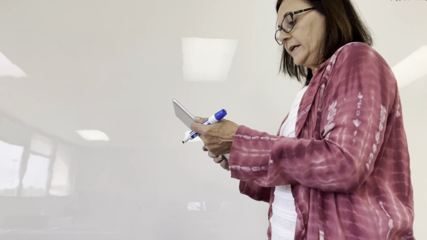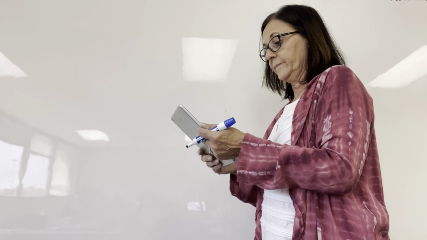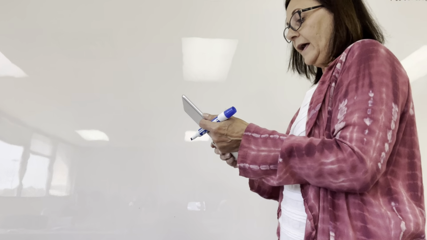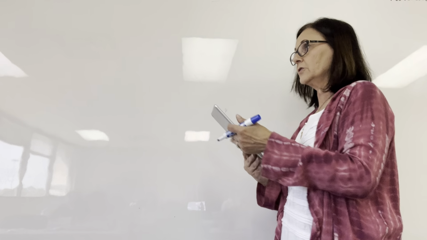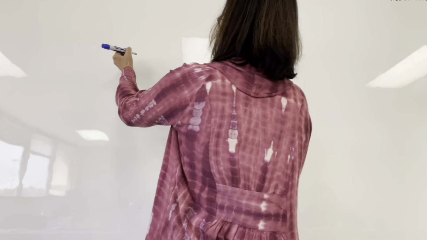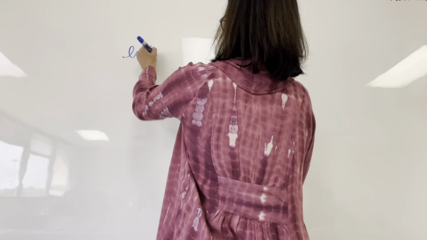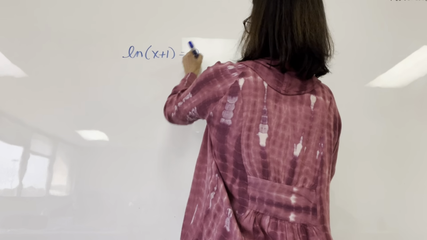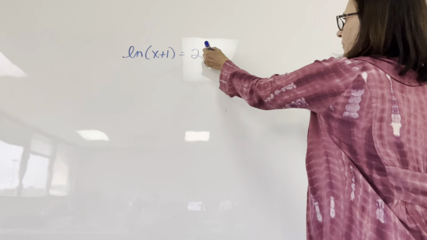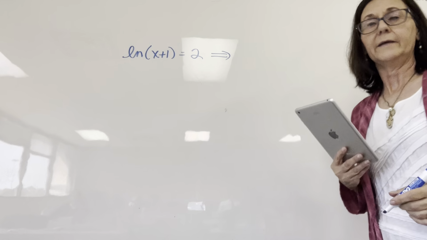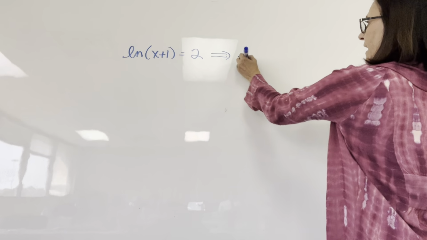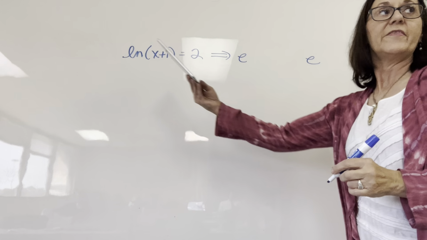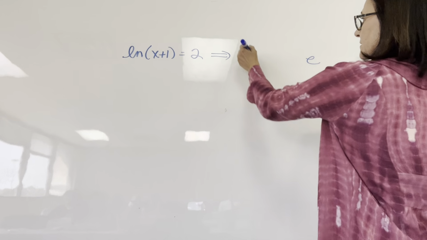Because f of x equals e to the x is a function, if ln of x plus 1 equals 2, then e to the ln x plus 1 equals e squared. This is how they work them. I'm going to work them different. So they just made the base e on both sides, and this became the exponents.